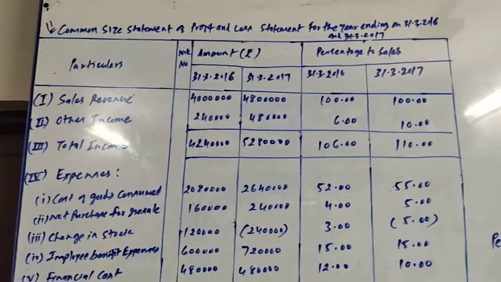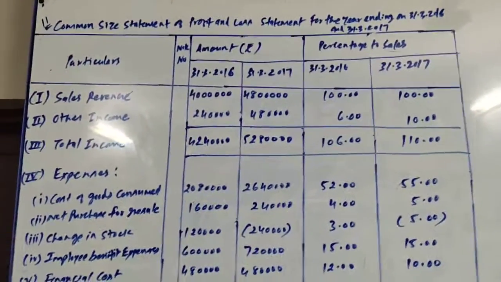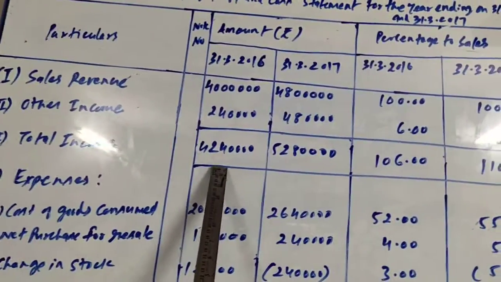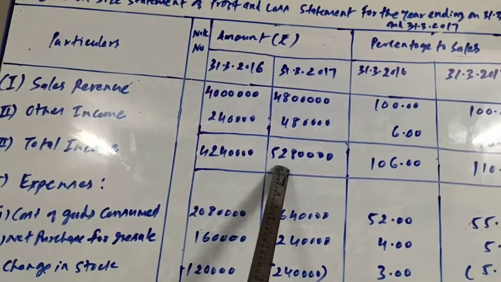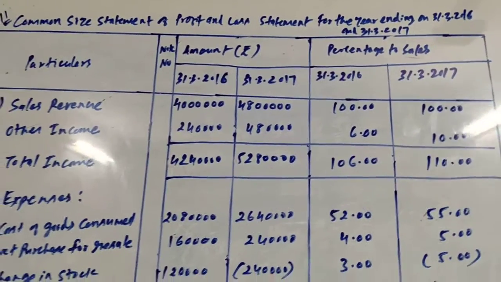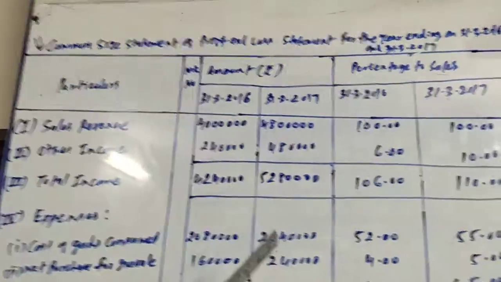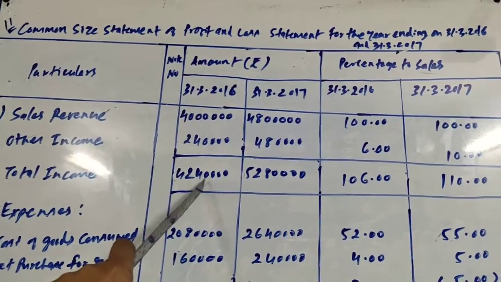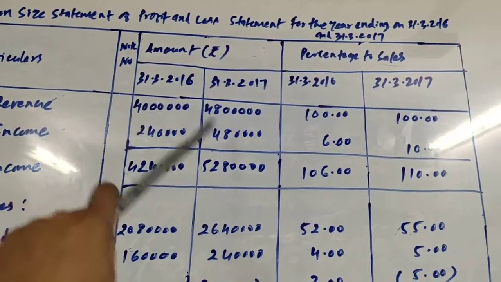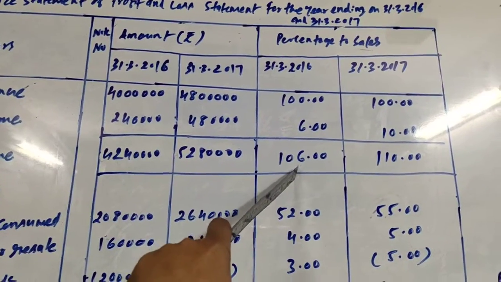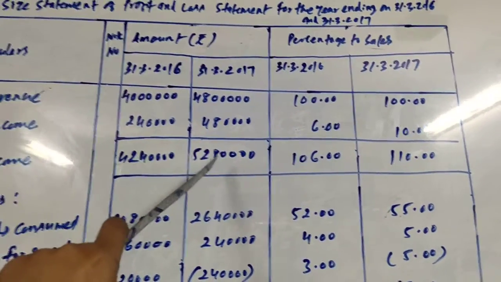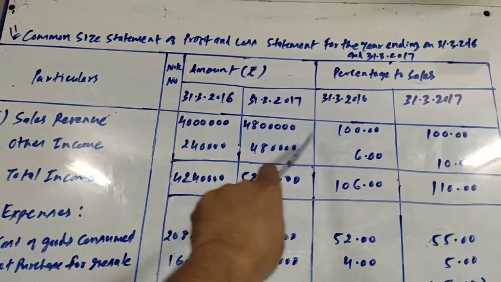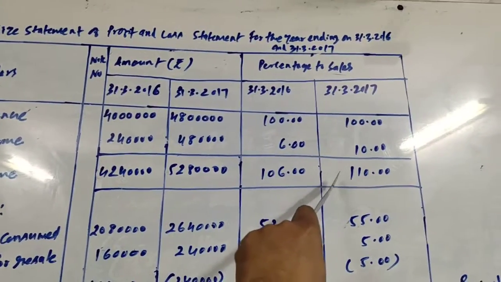Then the third item is total, that is total incomes, which is 42,40,000 and 52,80,000. Now when this is converted into percentage to sales, 42,40,000 divided by 40 lakh into 100 will give you 106, and 52,80,000 divided by sales, 48 lakh, into 100 will give you 110.